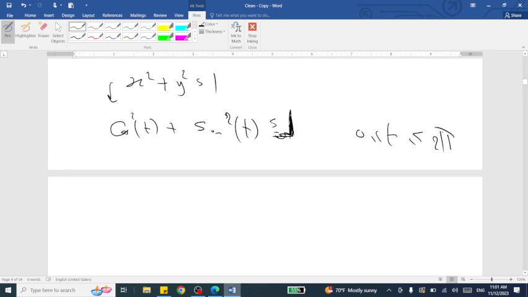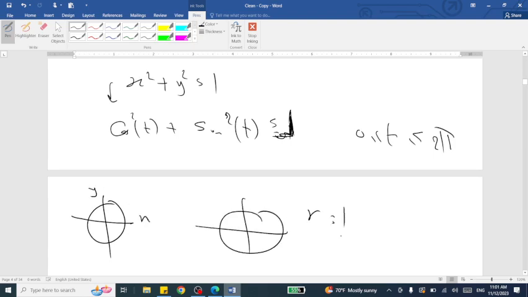Sine and cosine, r equal to 1. You know about that one.